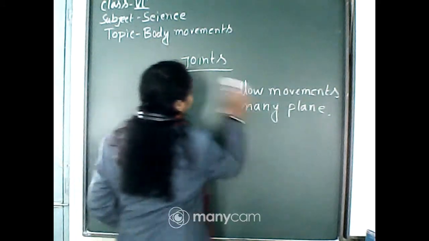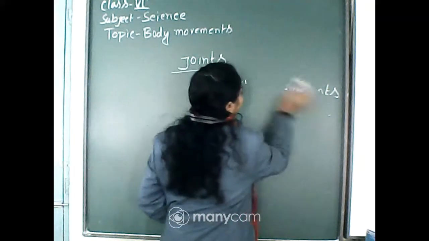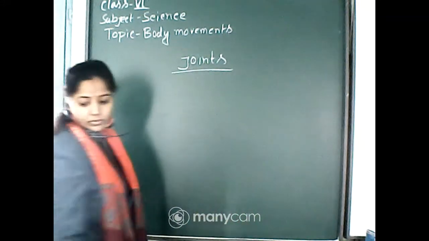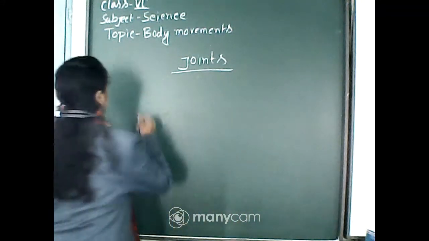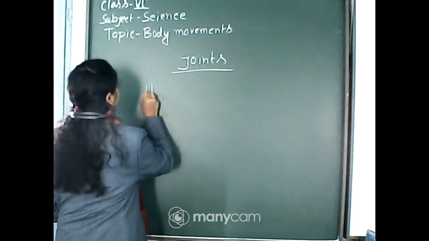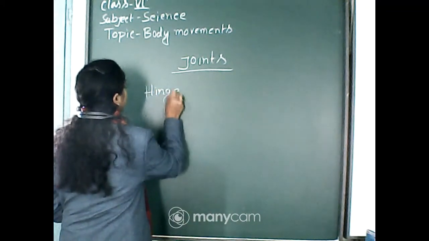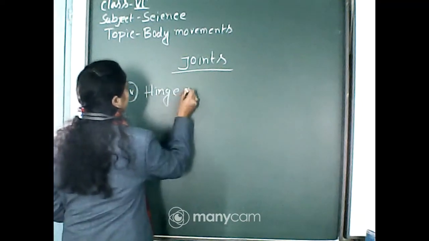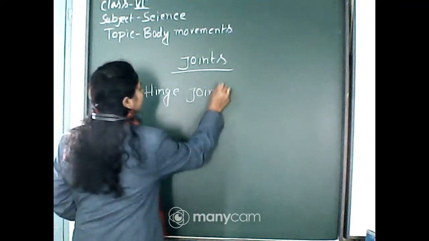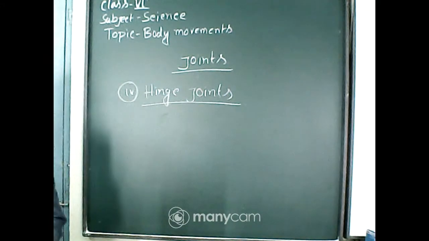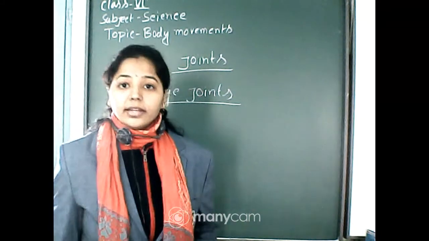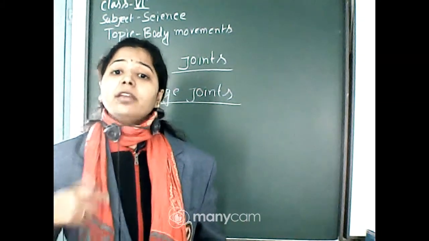Next comes the hinge joint. What are hinge joints? Hinge joints are such joints that allow movement only in one direction.